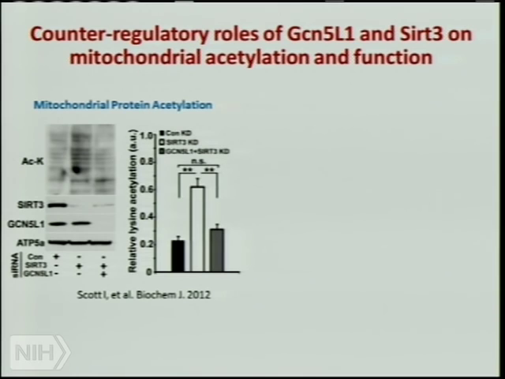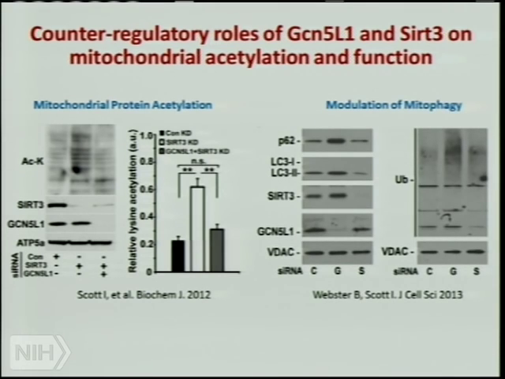specific pattern. And in fact, they do show counter-regulatory effects. There, if you knock out SIRT3, you get increased mitochondrial protein acetylation, and this is lost when you knock out both proteins together. And Brad Webster had shown that if you knocked out GCN5-like1, which actually could be associated with a slight increase in SIRT3, you seem to have increased accumulation of LC3 and P62 in the mitochondria, which could be associated with increased mitophagy, and he went on to show that the mitochondrial number's down.